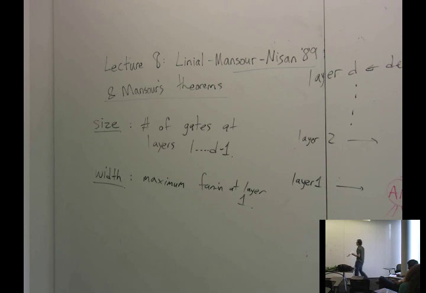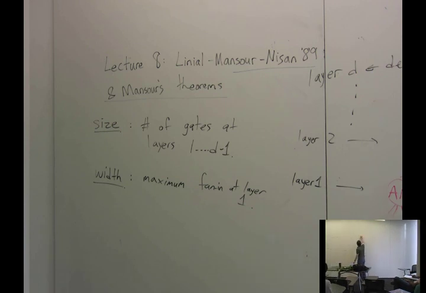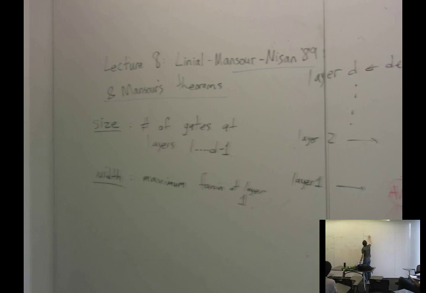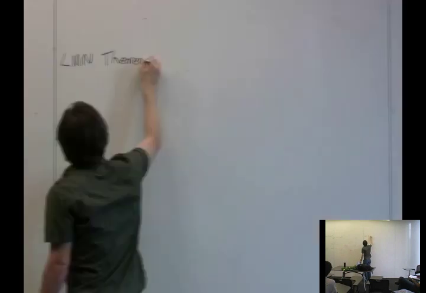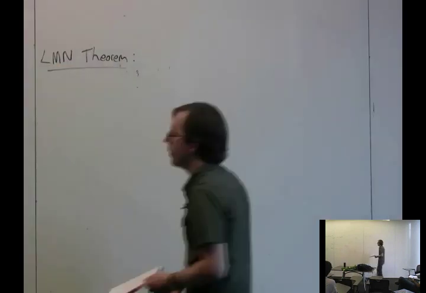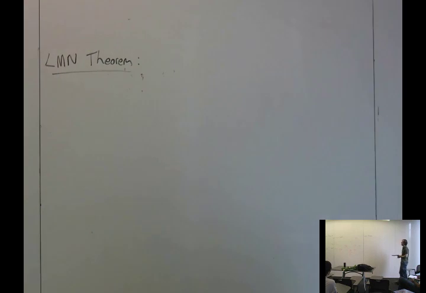OK, so today's final goal will be this theorem of LMN, Linial, Mansour and Nisan from '89. And it's just about the Fourier concentration of functions computable by small constant depth circuits.